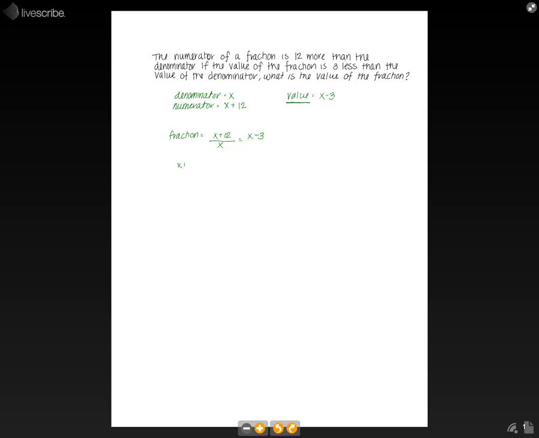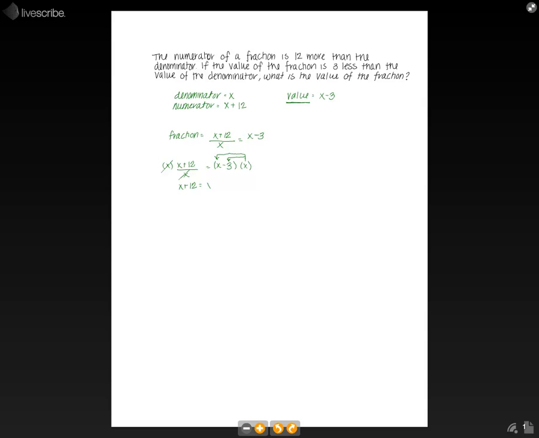So we're going to have x plus 12 over x times x is equal to x minus 3 times x. Alright, so the x's cancel out on the left side, and we're left with x plus 12. On the right side, we need to do the distributive property, so we need to multiply the x times everything in the parentheses here.